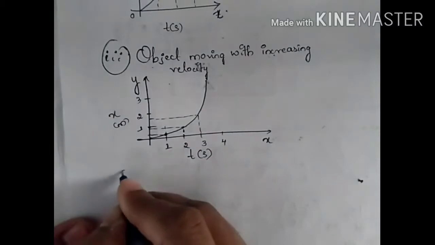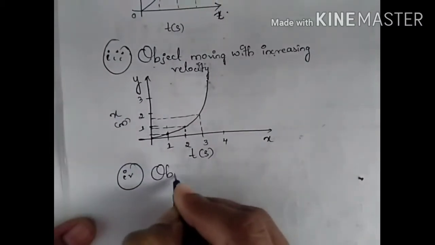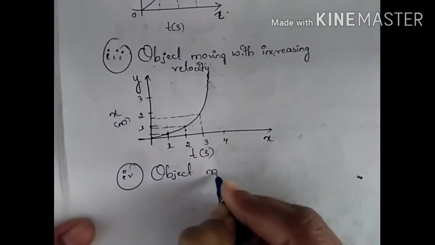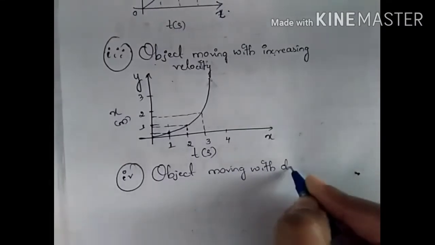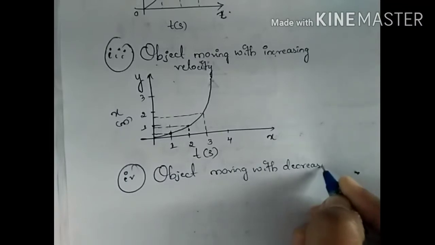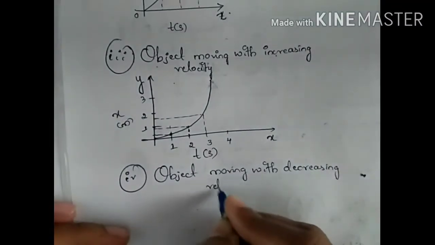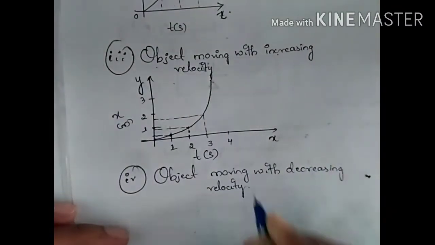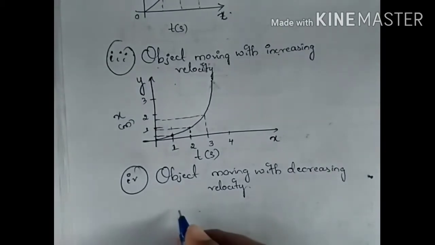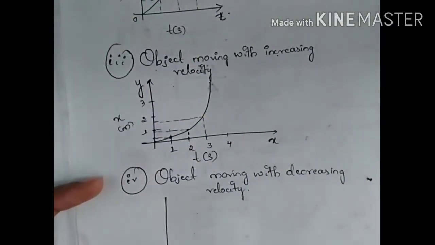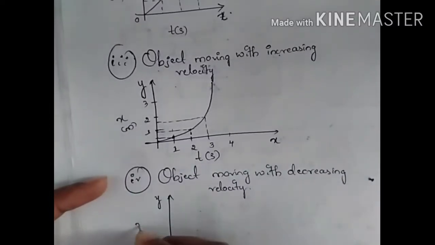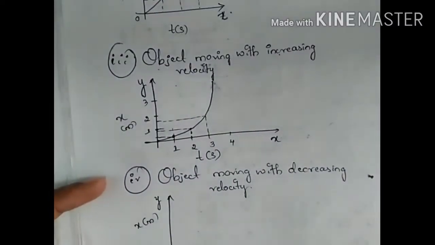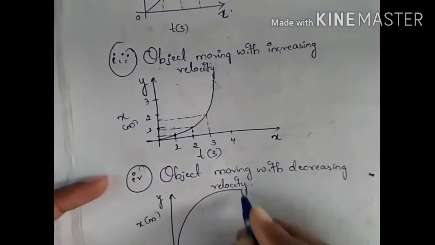Next one would be the object moving with decreasing velocity. That is the x-axis, y-axis. So the graph would look like this.